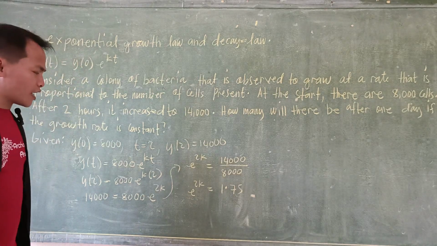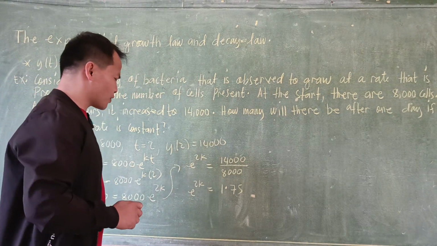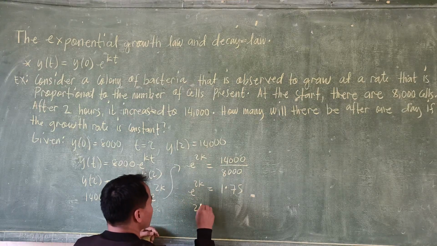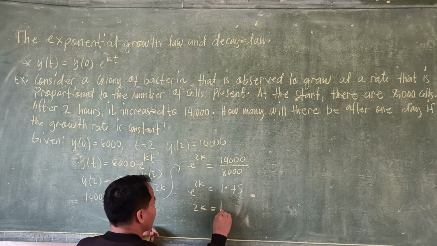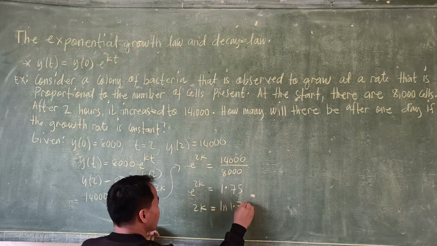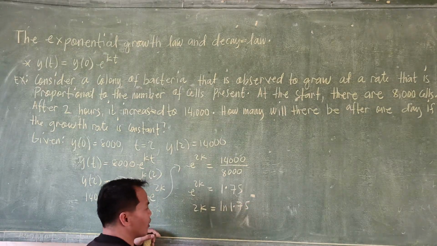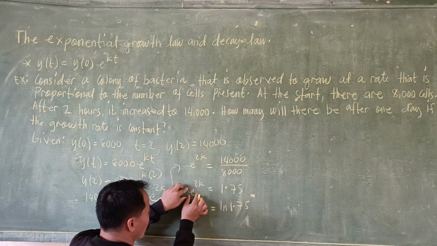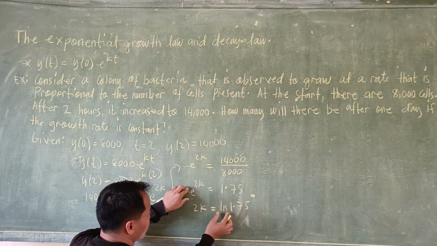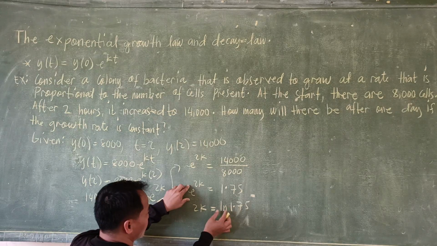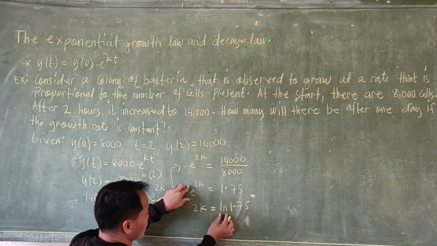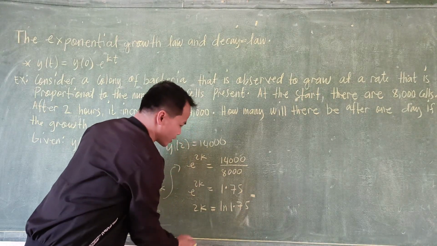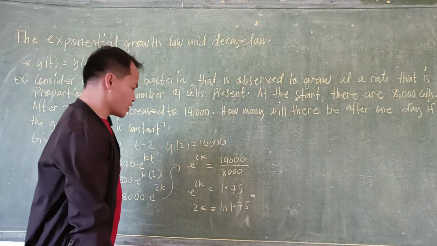After that, we can solve for the value of k. So 2k is equal to ln of 1.75. Remember that e to the power of 2k and ln are inverses of each other. So 2k is equal to ln of 1.75.